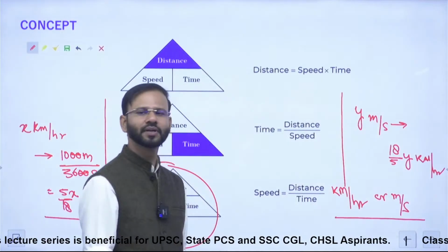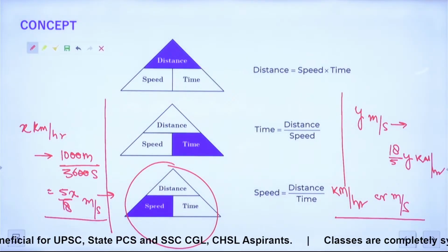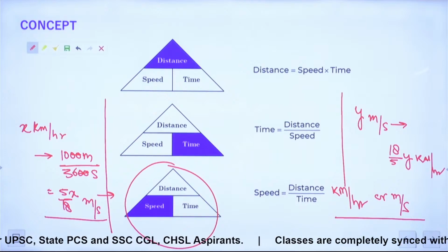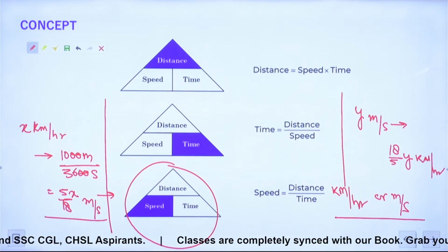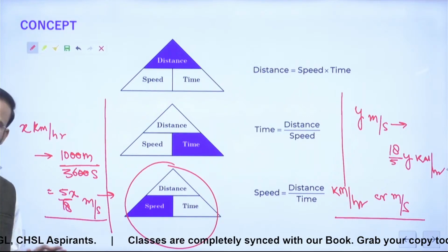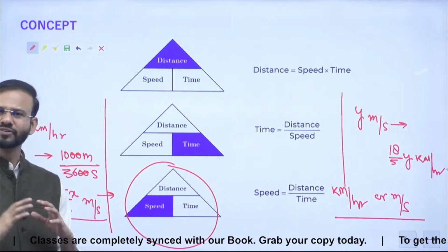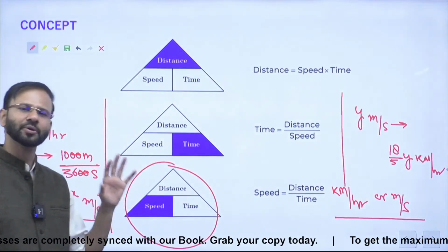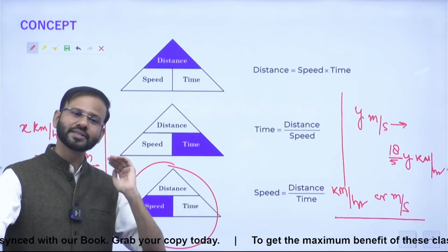Everybody fine now? So these are the conversions. This is the simple conversion, and obviously we should be knowing about it. So there is no need to waste time on it, and let's directly come to the questions.